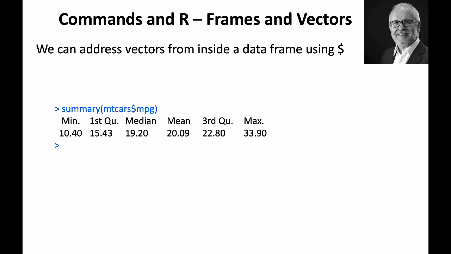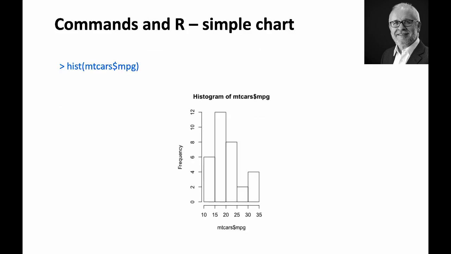The first quartile is 15.3, the median is 19.2, then the mean is 20.9, the third quartile, and the maximum value. So summary will give you an idea of what's in the data, and summary is context sensitive. If you use summary with a different sort of data type, it will give you a different summary depending on what's in that data.